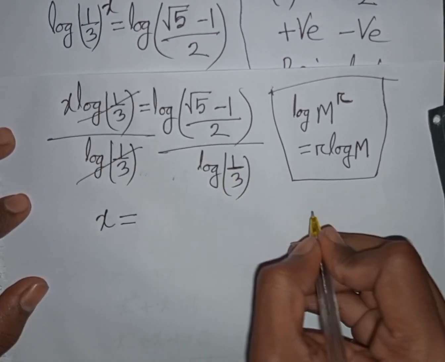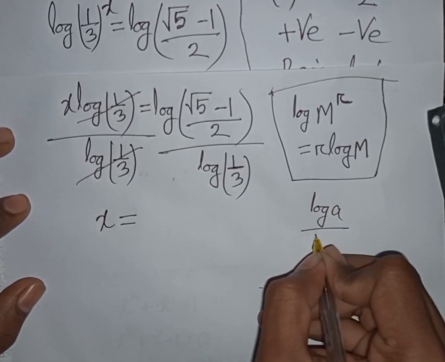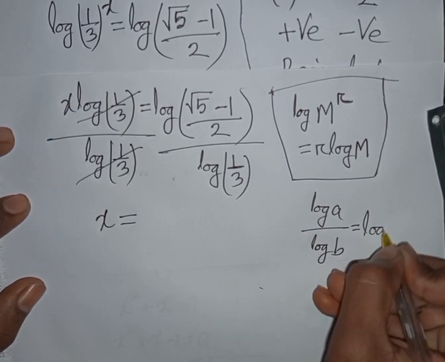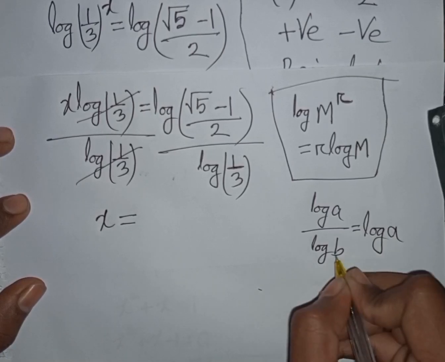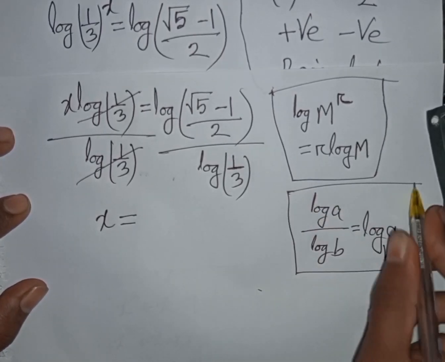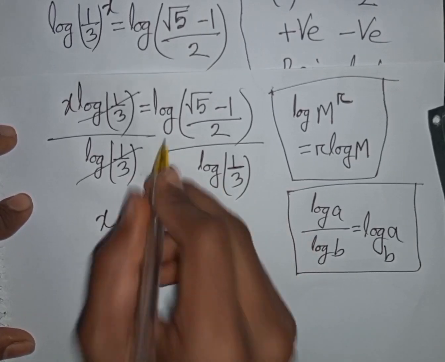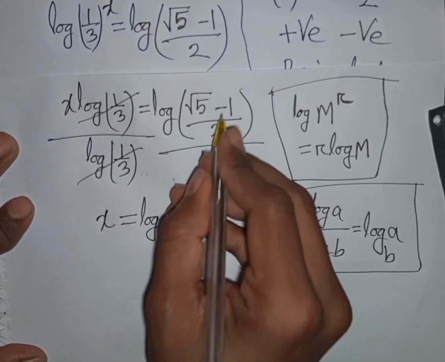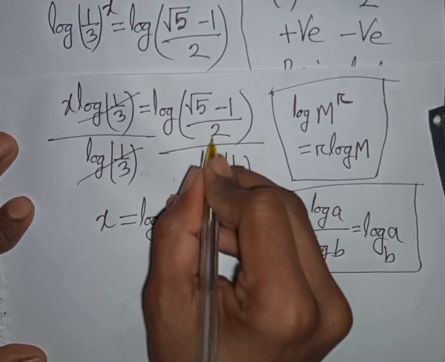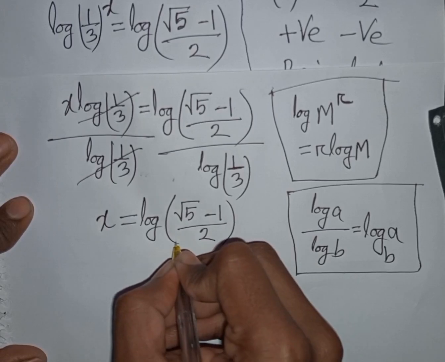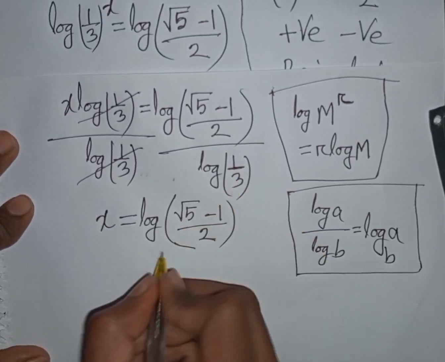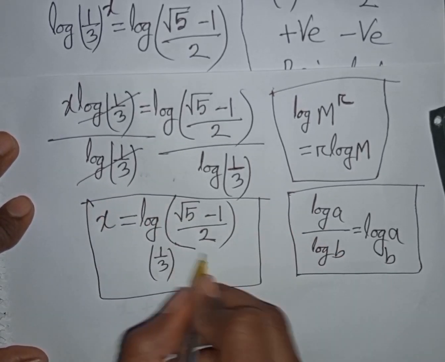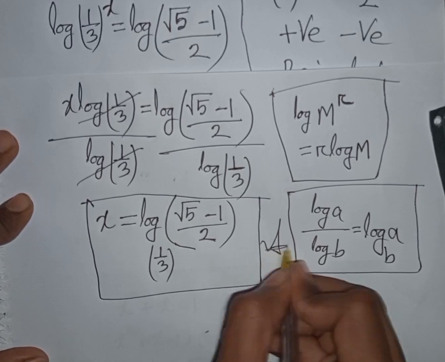Here I can apply the formula log a divided by log b is equal to log a base b. So according to this formula, it will be log of square root of 5 minus 1 over 2, base 1 by 3. So this is the value of x. This is our final answer.